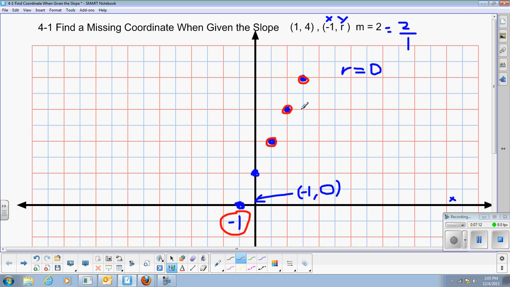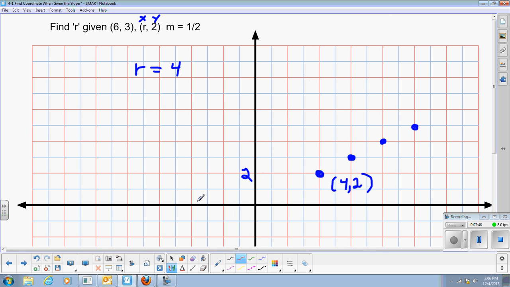We counted down 2, right 1, down 2, right 1, down 2, right 1, and put a dot. And I noticed that since I had labeled where x was negative 1, this dot is on where x is negative 1. And I said, well, what's the y number for this spot? The y number is 0 because it is on the x-axis. And I said, then my missing number is 0.